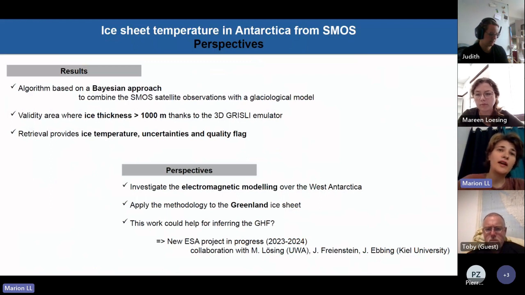For the last point, we are in collaboration with Marion, Judith, and Jörg. This is a work in progress, so we have to think about how to provide information from both to the retrieval of geothermal flux.